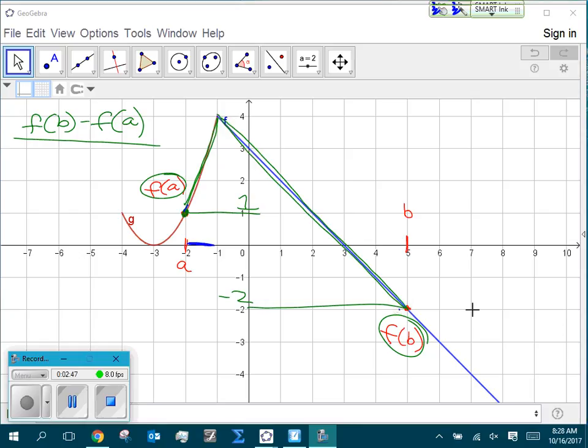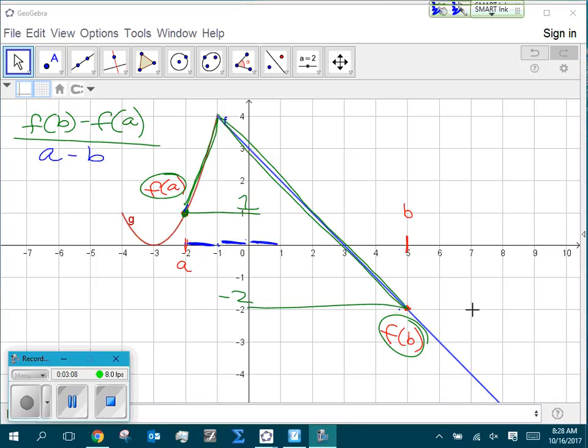So how far do you fall from -2 to -1? How far do you fall from -1 to 0? How far do you fall from 0 to 1? And that should be constant. Does that make sense? It should be the same number. So what we do is we take f of b minus f of a, and then we divide that by b minus a. And that becomes my average rate of change.